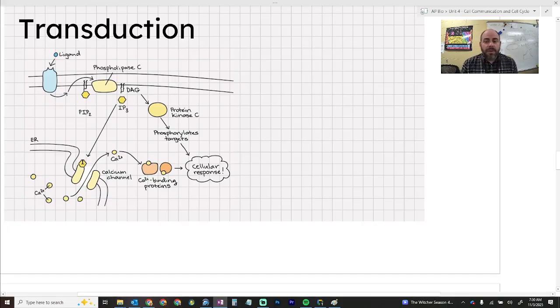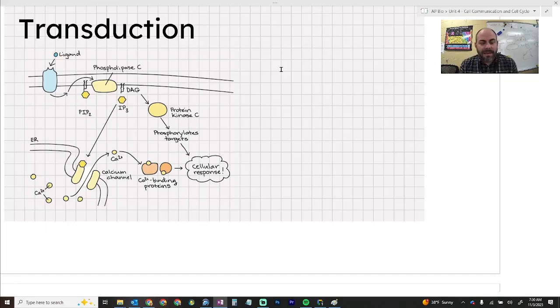A lot of times the difficulty is you're not going to have to memorize a particular pathway, right? This particular pathway looks like some sort of muscle contraction pathway, right? You don't have to memorize that pathway, but you just need to be able to look at a diagram like this and sort of understand what's going on, right?